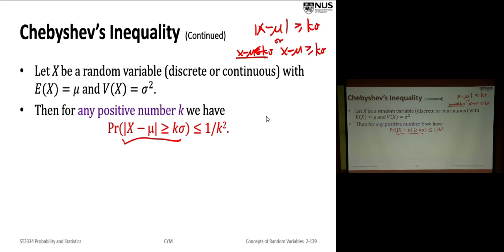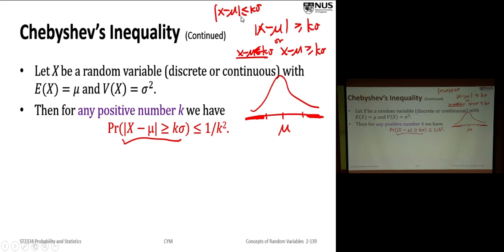What it means is like this. This is mu, this is x, and this is the PDF. The absolute difference between x and mu is greater than k sigma, so I want x to be here or x to be here. The opposite of it is x minus mu within k sigma.